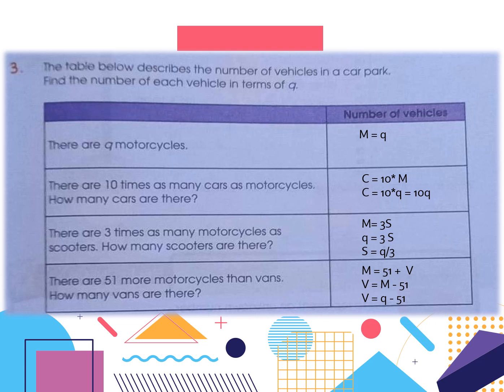So whatever the number of vans, 51 is going to be added to it. Now to get the number of vans, we have to subtract 51 from the motorcycles, and as motorcycles are represented by Q, our final expression becomes V is equals to Q minus 51, which is actually the number of vans.